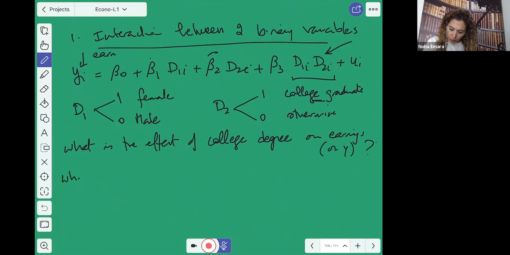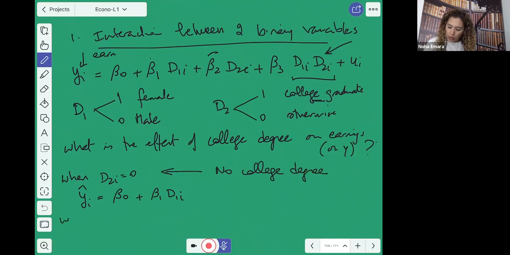So when D2i is equal to 0, I plug 0 everywhere I see D2i. So the model would be yi hat equal to beta naught plus beta 1 D1i. So this is the model if the person has no college degree.